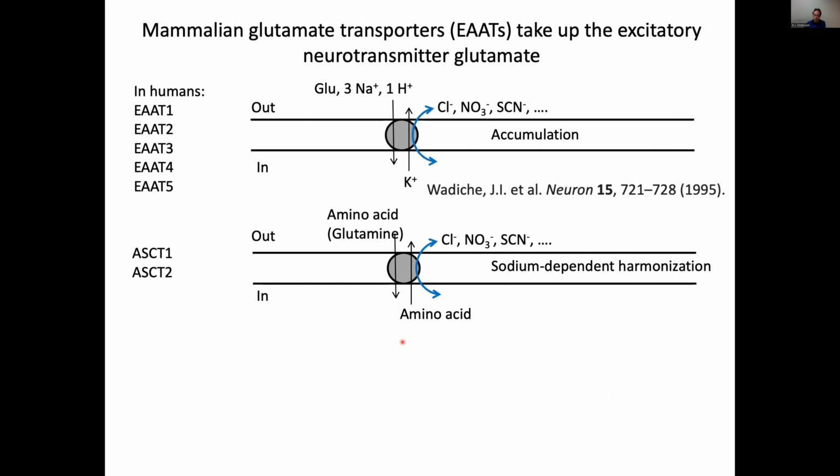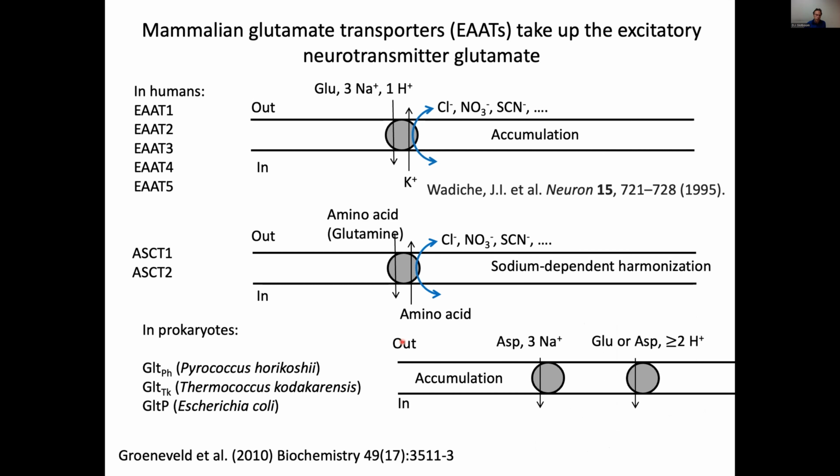Now, I will today move away from the mammalian transporters, and I will present work on prokaryotic homologs of these transporters. They have been discovered, even before the mammalian ones in some cases. They were discovered separately, and then at some stage it was realized that they belong to the same family.